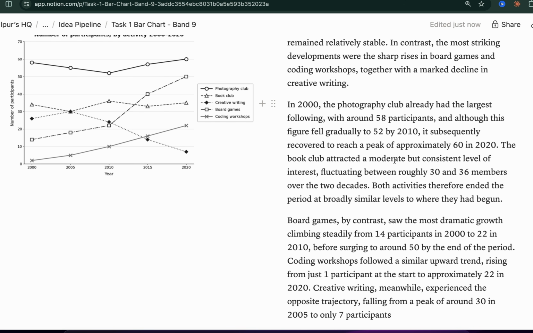Again, the numbers are approximate. And yes, we saw that creative writing had its all-time peak in 2005 with around 30 members. Then, since 2005, they had that steady decline reaching an all-time low in 2020.